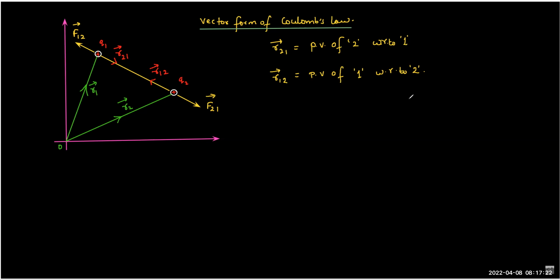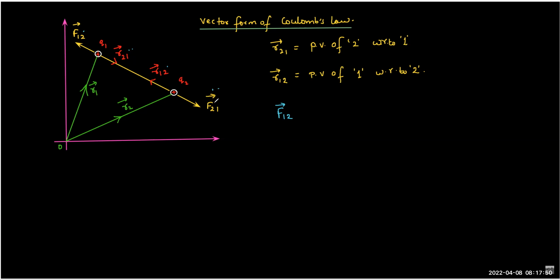Okay. So what we can also see is that the force on 1 due to 2 and R12, these two are parallel. You can see this and this, these two vectors are parallel, right? Yes, sir. And similarly, this and this vectors are parallel.